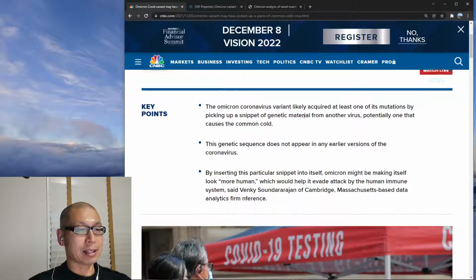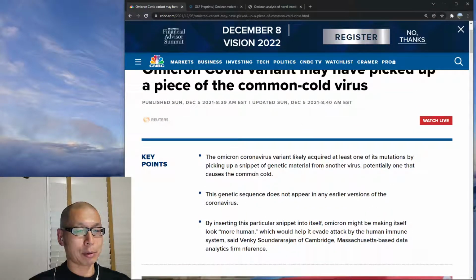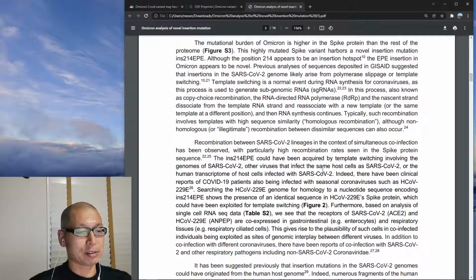And then they said that this was likely acquired through genetic material from the common cold. No, it's not. There's nothing in this paper that gives a probability statement that was the case. It's saying that it's possible that might have happened. Does that mean there's a 1 in a trillion chance it happened or a 1 in 10 chance?